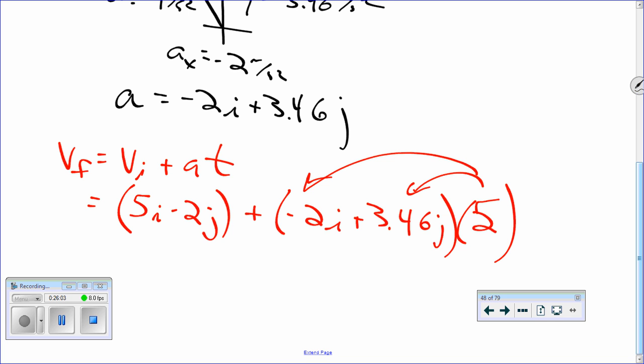To find the average velocity, you can just do v_f plus v_i over 2. We know our v_i because it was given to us. The v_f we just found. Add them up and divide by 2. Awesome. But we can only do it because the acceleration is constant.